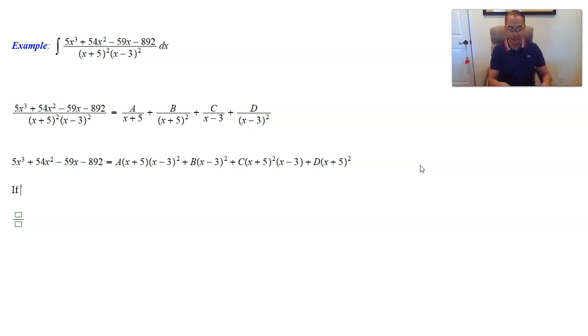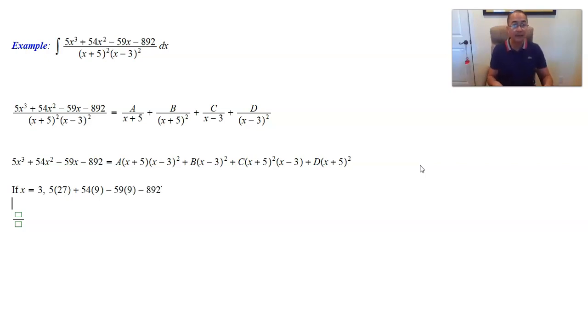Okay, so again, plug in nice numbers. We only have 2 nice numbers to plug in. We have 4 unknowns, so we have to be clever with those 2, the other 2. If x equals 3, then what do we get? 5 times 3 cubed, 27, plus 42 times, 54, sorry, 54 times 9, and minus 59 times 9, and minus 892.